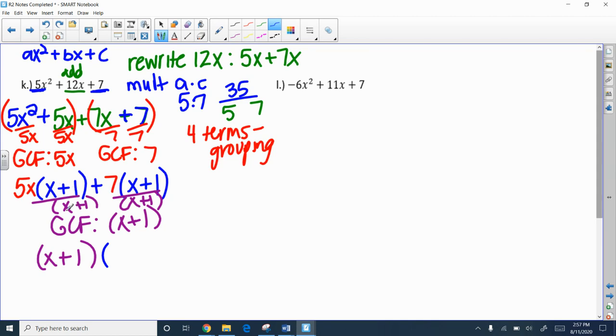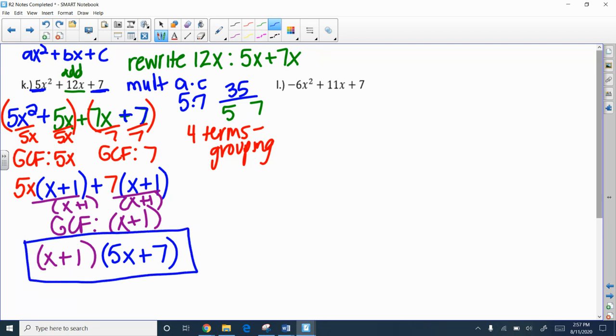From the first group, if I divide out an x plus 1, I'm left with 5x. And for the second group, if I divide out an x plus 1, I'm left with plus 7. So these are my two factors, x plus 1 times 5x plus 7. Now notice if we were to multiply this out, we would get what we started with, 5x squared plus 12x plus 7.